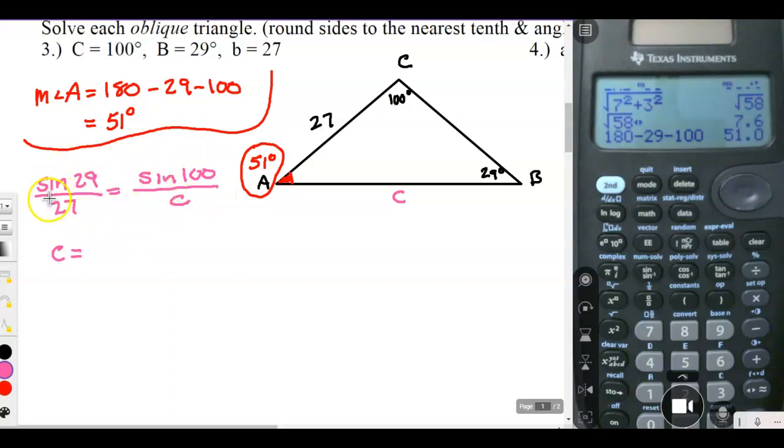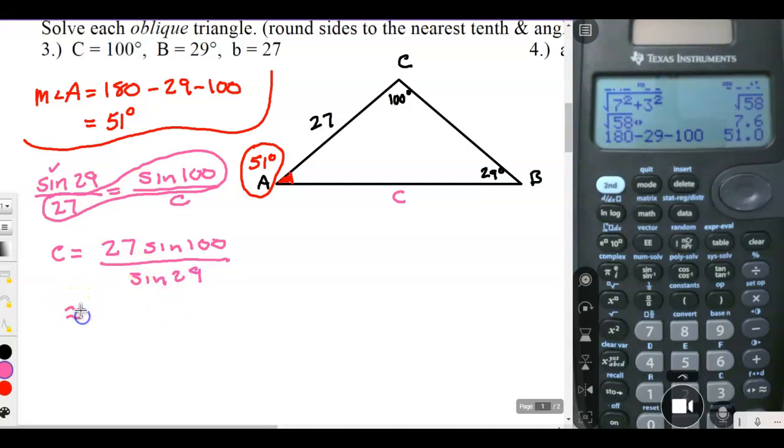The values that do not have variables, that would be this diagonal right here, that diagonal. So I'll have 27 times sine of 100 all over the remaining part, which is sine of 29.